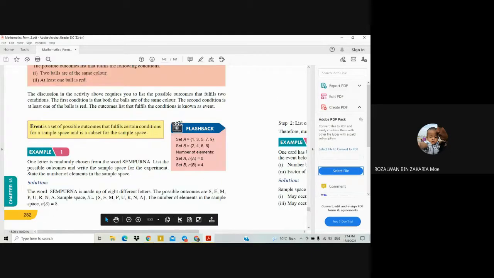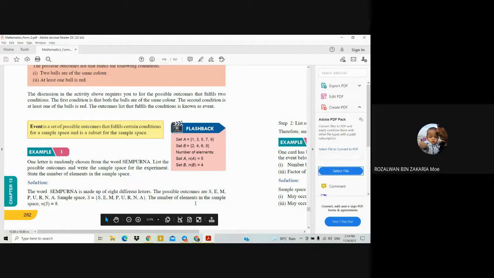So the possible outcomes are letters S, E, M, P, U, R, and A. So the sample space, using capital S, equals a set notation, and in this set notation you have to write all the possible outcomes: S, E, M, P, U, R, and A. This is the sample space for example 1.